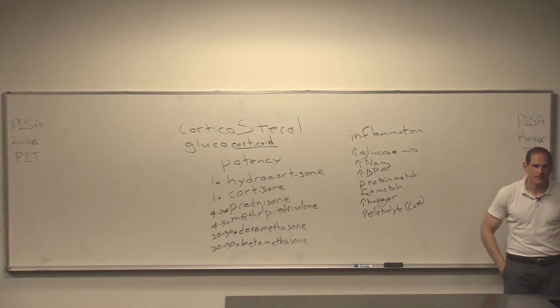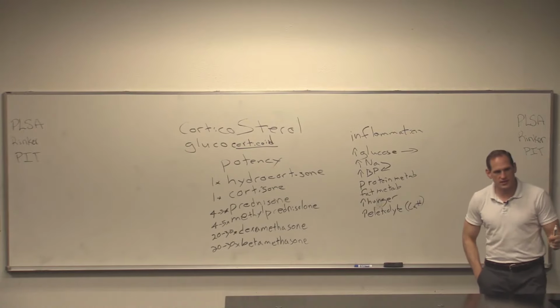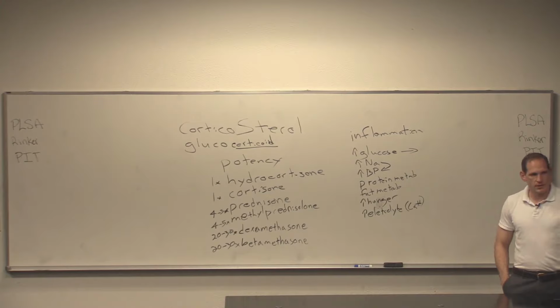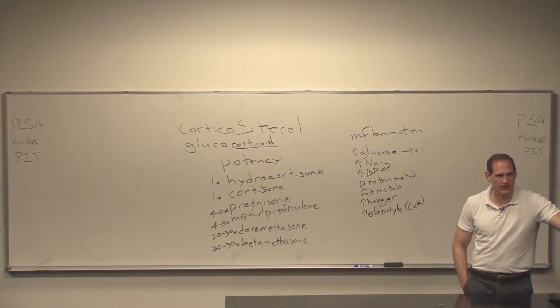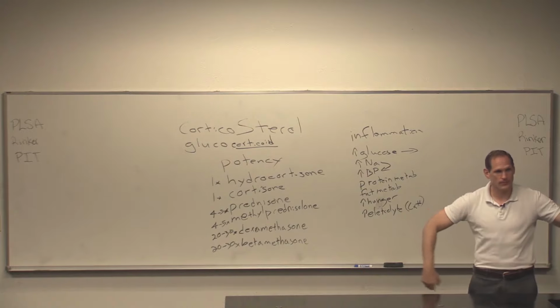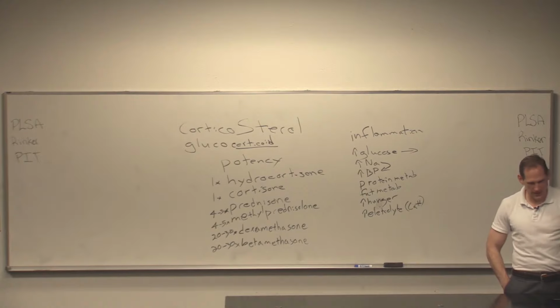Protein metabolism. The main thing it does is it reduces protein anabolic pathways, which promotes protein catabolism. What does catabolism mean? Well, if you're a bodybuilder, what effect do you want? Anabolic or catabolic? Anabolic, big, grow. Catabolic, break down.